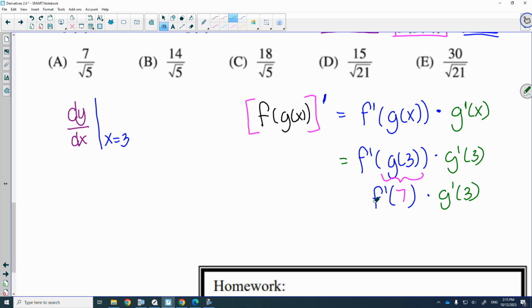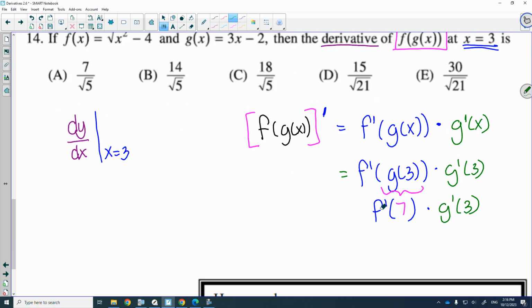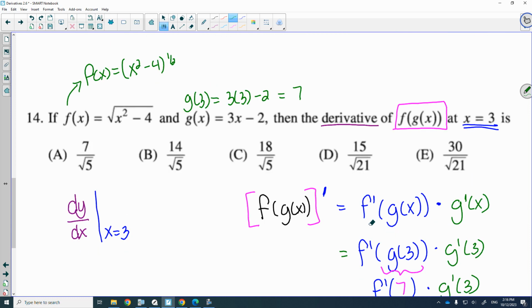Okay, so f prime of 7. In my f function, I need to find what f prime is. So my f function is f of x is equal to x squared minus 4 to the 1/2. I need to find f prime of x, right?